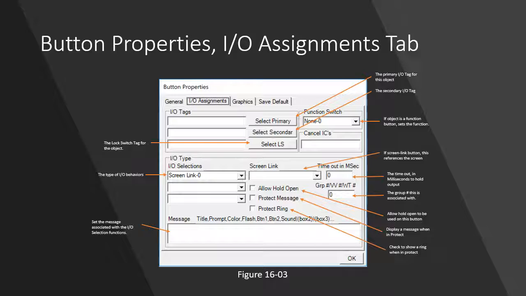And then if the I/O type selection has some sort of message associated with it, then with that particular functionality, you could put the message in there for that. So one of the functions might be an alert with message function, or an output with a message function.